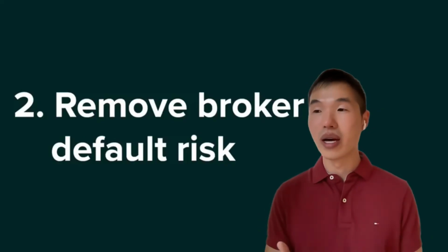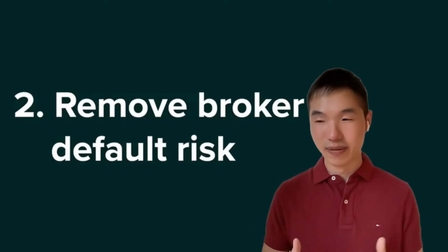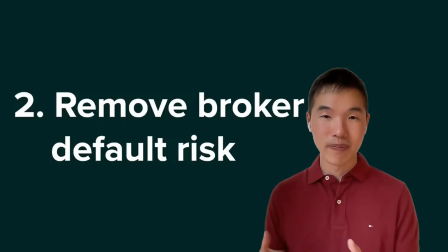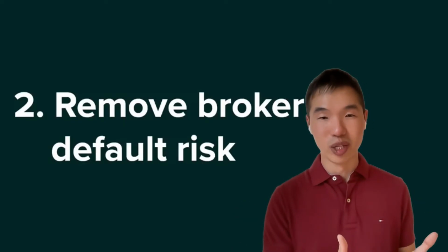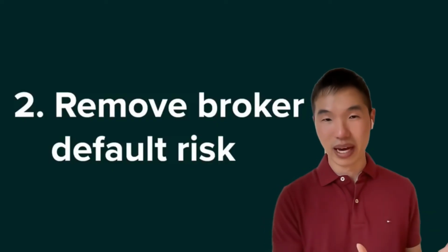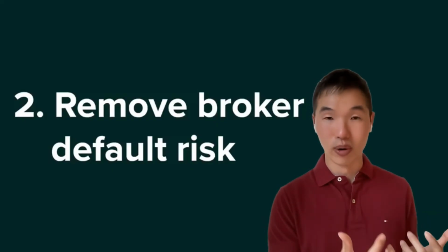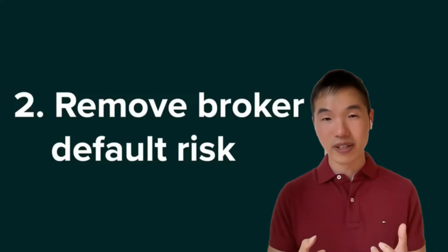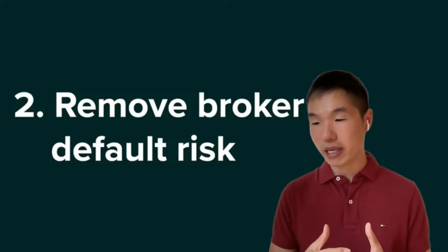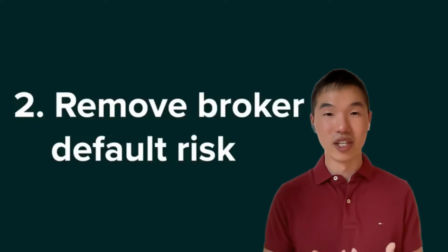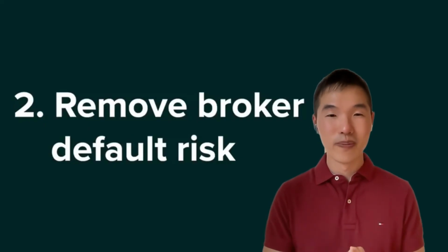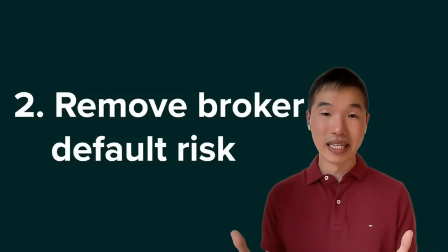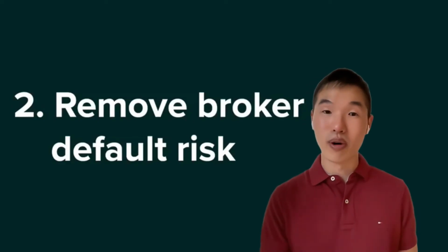The second reason why you may prefer to buy on Treasury Direct is it does remove some brokerage default risk. What do I mean by that? For example, if Fidelity goes bankrupt, there's some insurance protection up to $500,000 of your brokerage account. However, if you're putting millions of dollars into Treasury bills, for example, that's not necessarily guaranteed to be safe in a brokerage account.